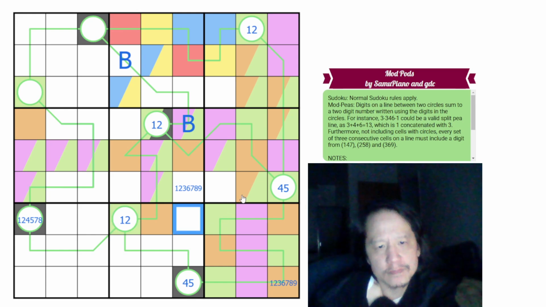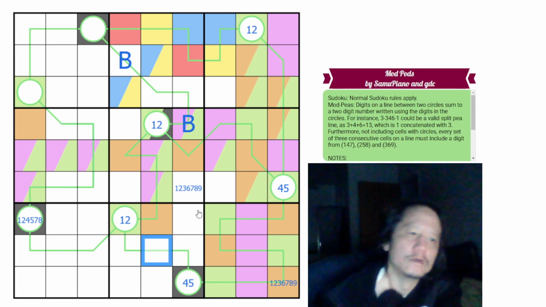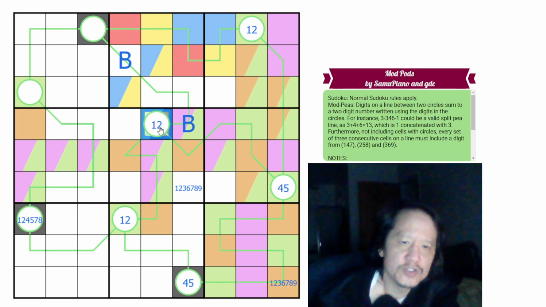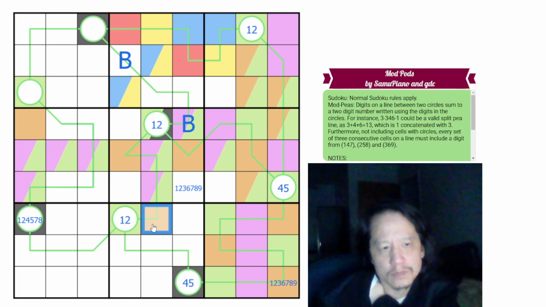So we have 1 green, 1 orange here. If this is dark, then these have to be the 0 mod 3 set. If this is not dark, this is green then.